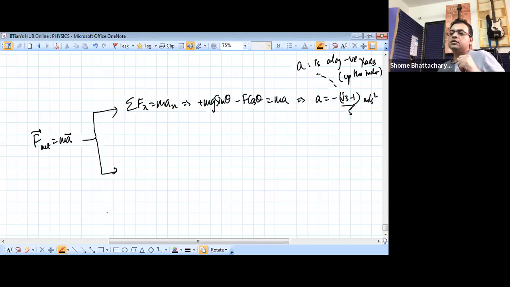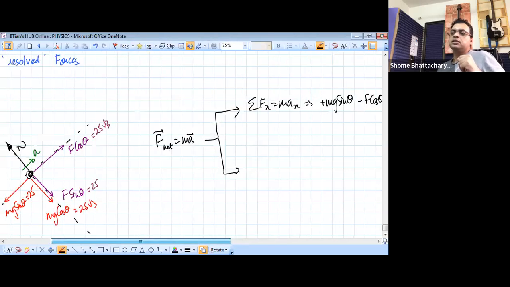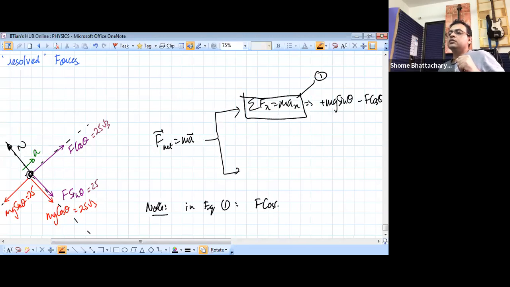Okay. But we need not do like this. We can also alternately take the x-axis upwards instead of downwards. So this first equation can also be written, this equation 1 that we've written in the proper way above. In equation 1, you can see that f cos theta is dominating over mg sin theta. So therefore, the acceleration is up the incline.